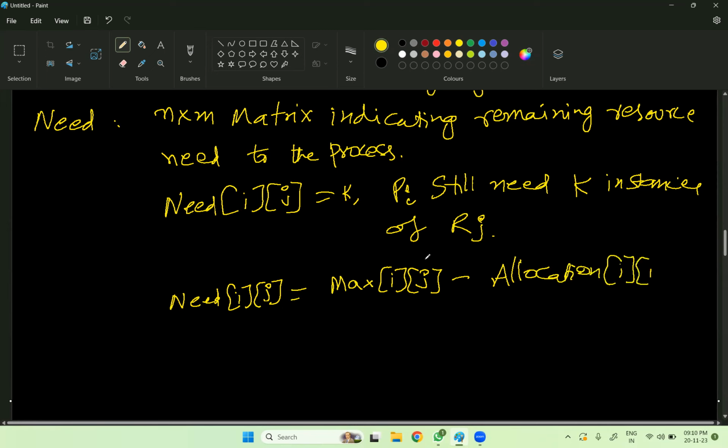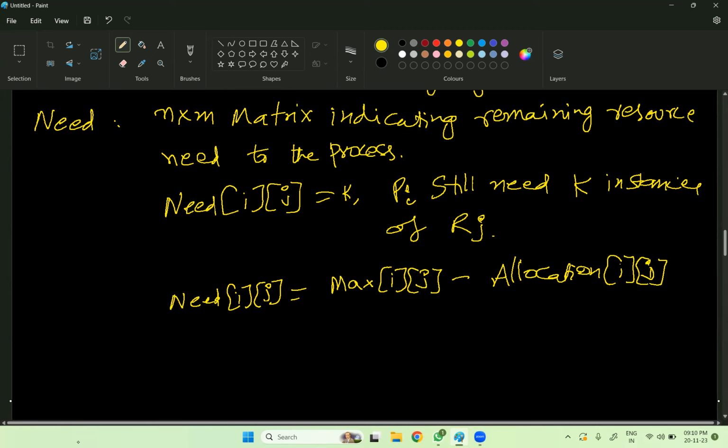If you take this equation, then you would understand what need is. Some maximum number of resources has been needed by the process Pi, and some were allocated. 10 was needed by me, but 4 was allocated. 6 more are needed by me.